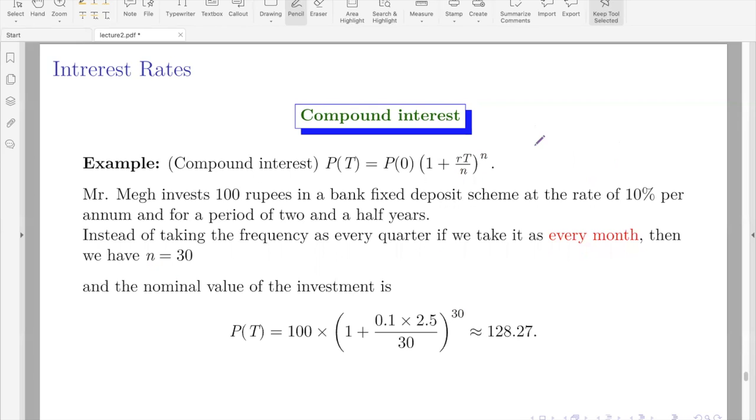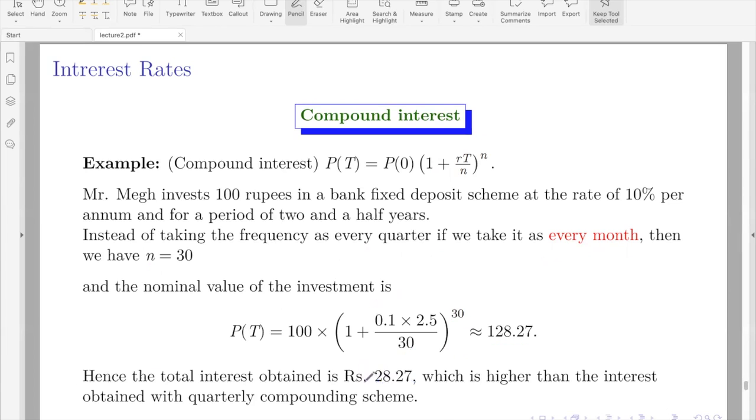That will lead to a little higher maturity amount, that is 128.27, obviously, because you are now paying 30 times. So this shows that as the frequency increases in the compound interest scheme, the maturity amount also increases. That is what we can clearly see from this formula.